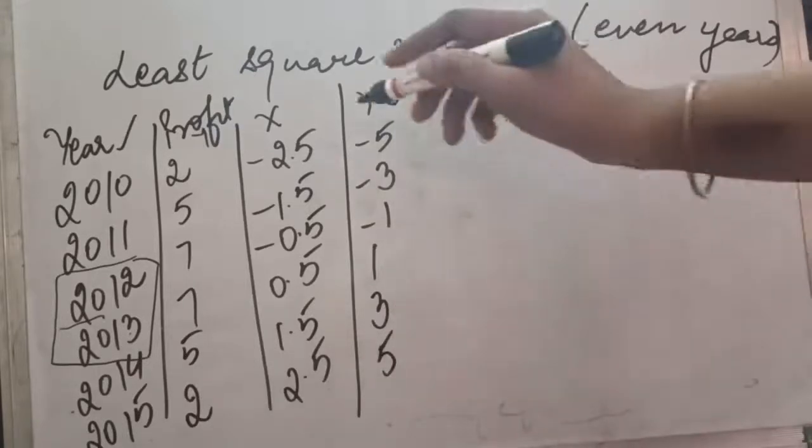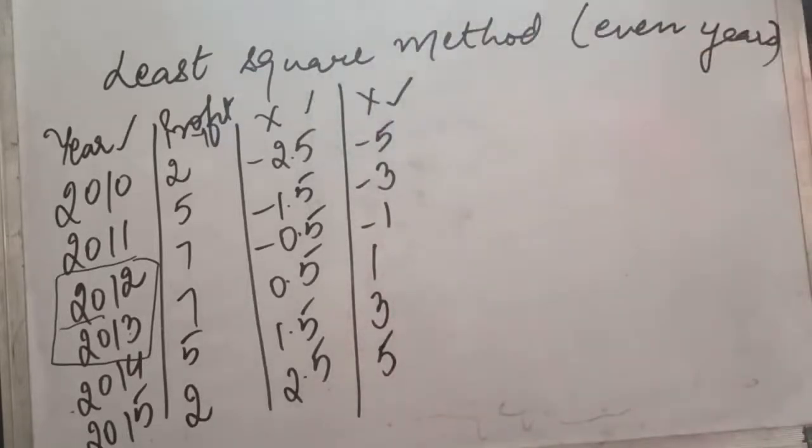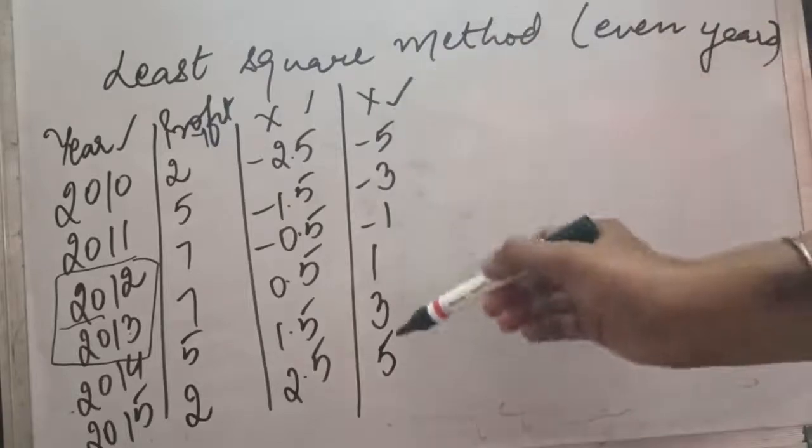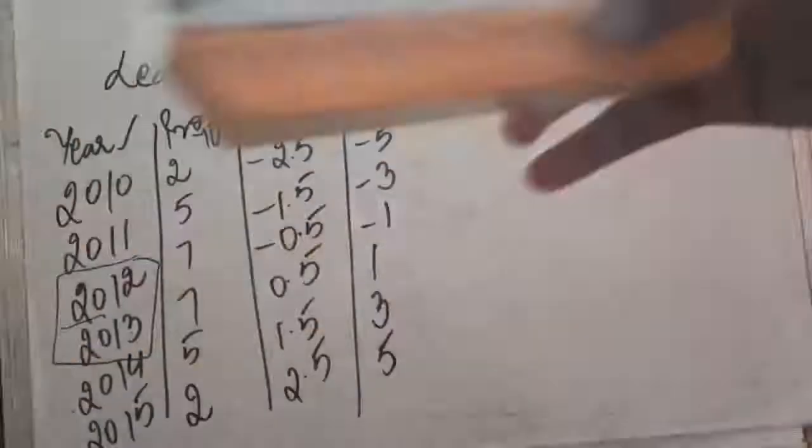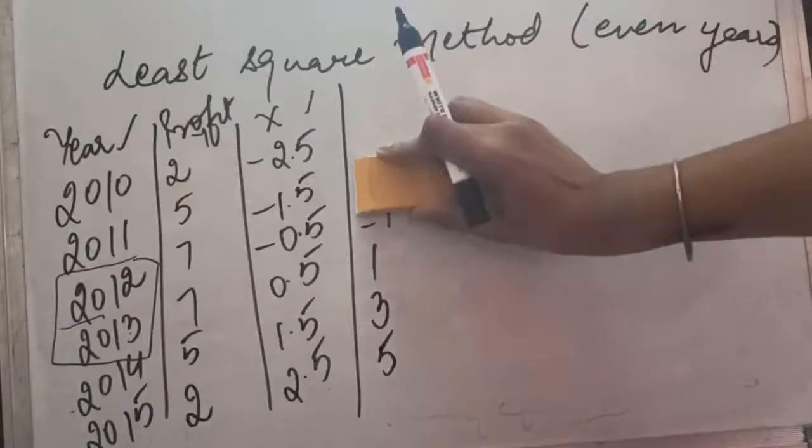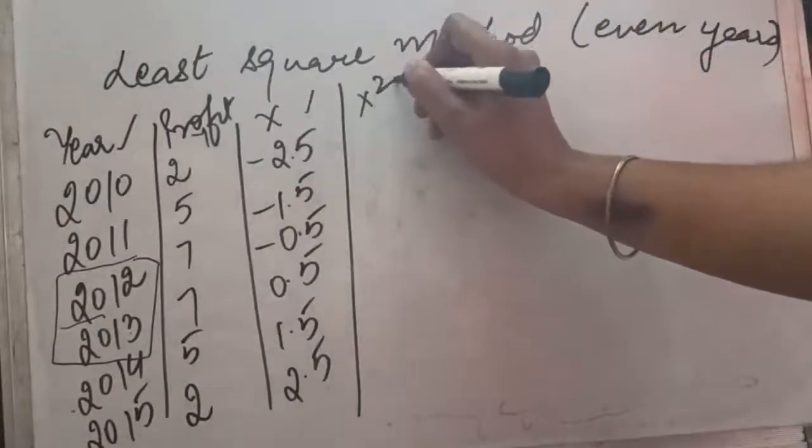So I can move ahead with this also. It is going to give me the same answer. With this I have an advantage that there are no decimal points. So for the time being I am just deleting it, but you can go ahead with that. Now I will take the X square.